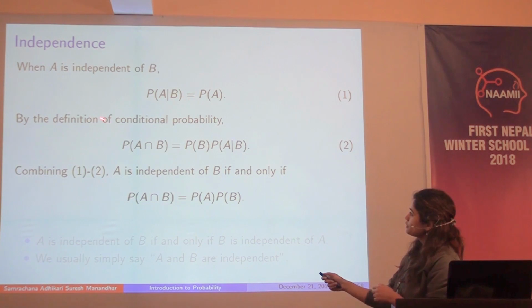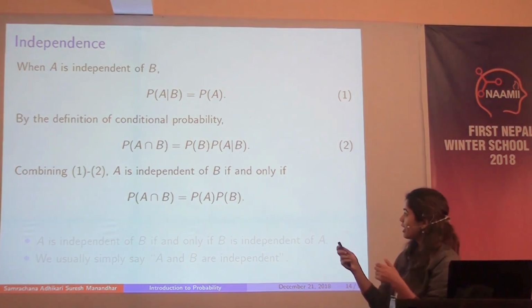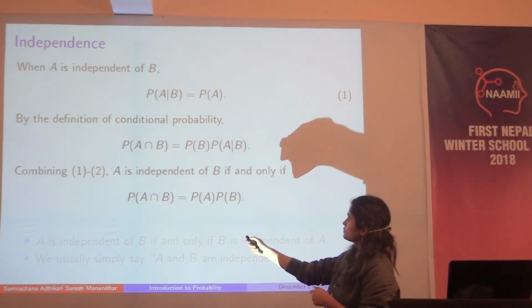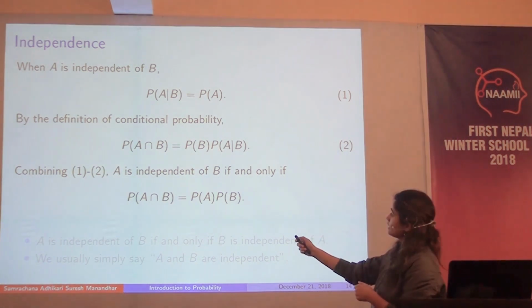We just talked about conditional independence. By the definition of conditional independence and moving things around, we can write P of A and B together, A intersection B, as a product of the probability of B and this conditional probability.